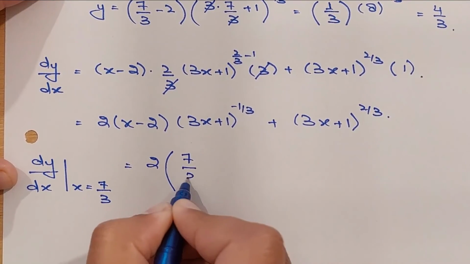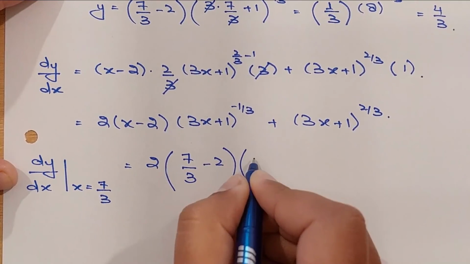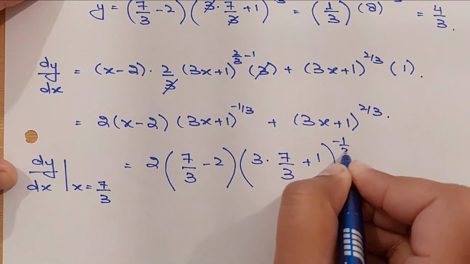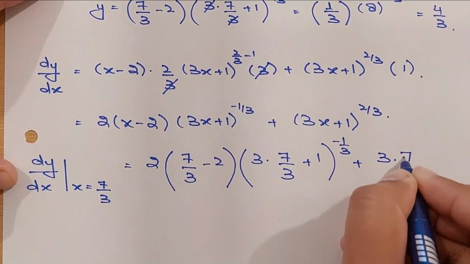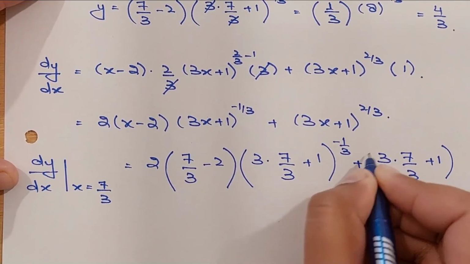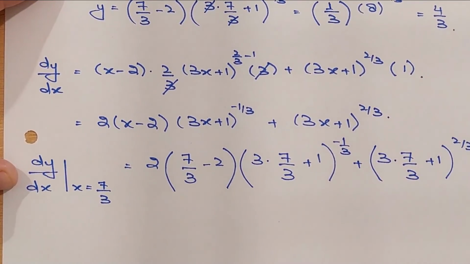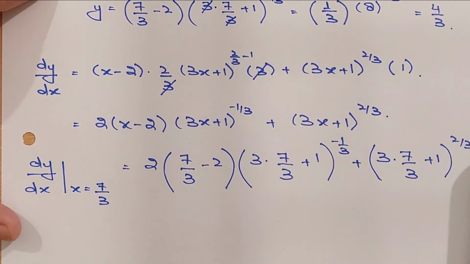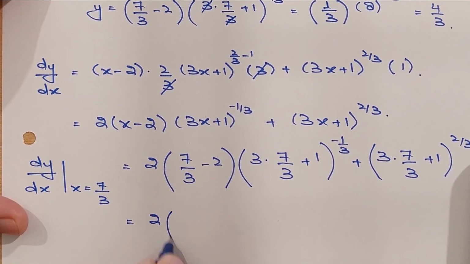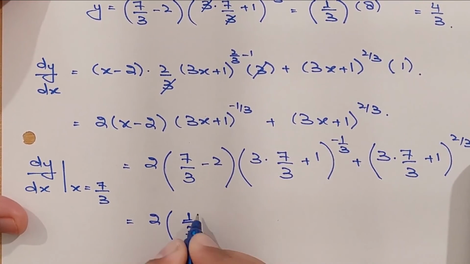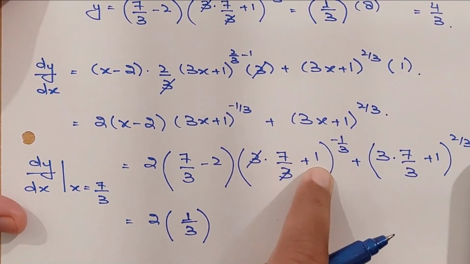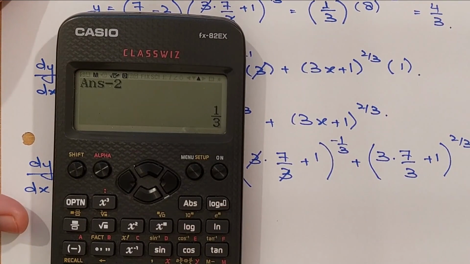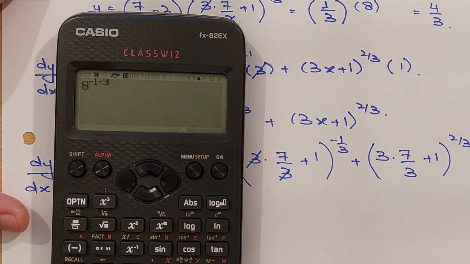We have 2 times (7/3 minus 2) times (3 times 7/3 plus 1) to the power minus 1/3, plus (3 times 7/3 plus 1) to the power 2/3. 7/3 minus 2 is 1/3, and we have 2 times 1/3. The 3s cancel, 7 plus 1 is 8, so 8 to the power minus 1/3, which is 1/2.